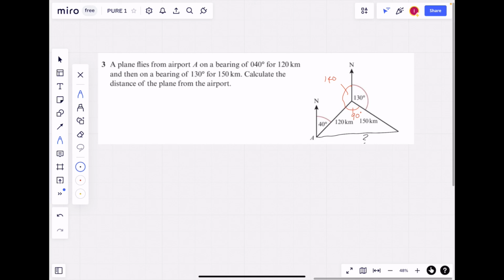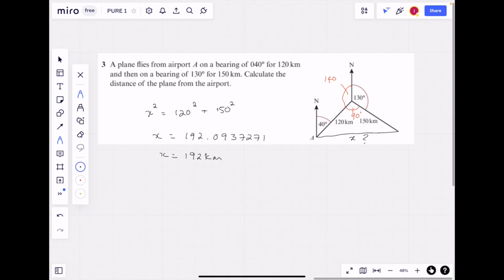So let's make this x. x squared is equal to 120 squared plus 150 squared. So when we do that, x equals 192.0937271. So x equals 192.1 kilometers. Let's go with 192 kilometers. That's if you use Pythagoras.